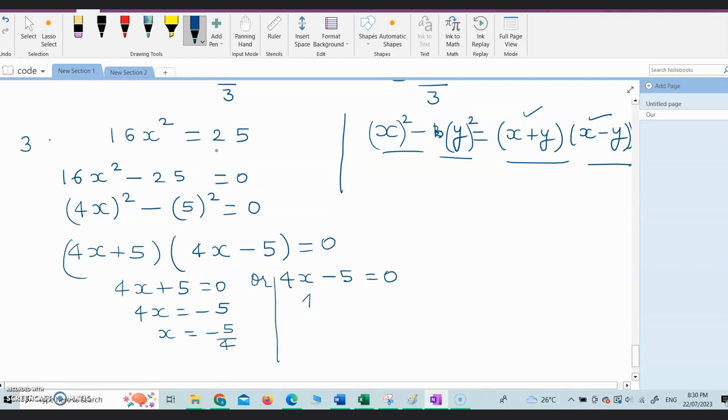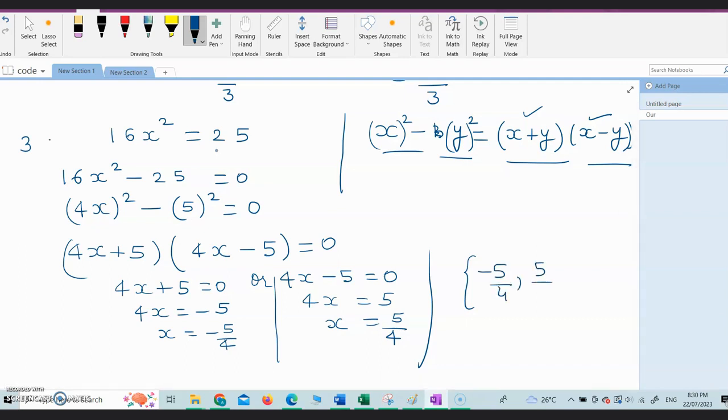From this one I can say 4x is equal to 5, so x is equal to 5 by 4. So the solution set for x for this equation will be minus 5 by 4 and 5 by 4. So this is your third question.